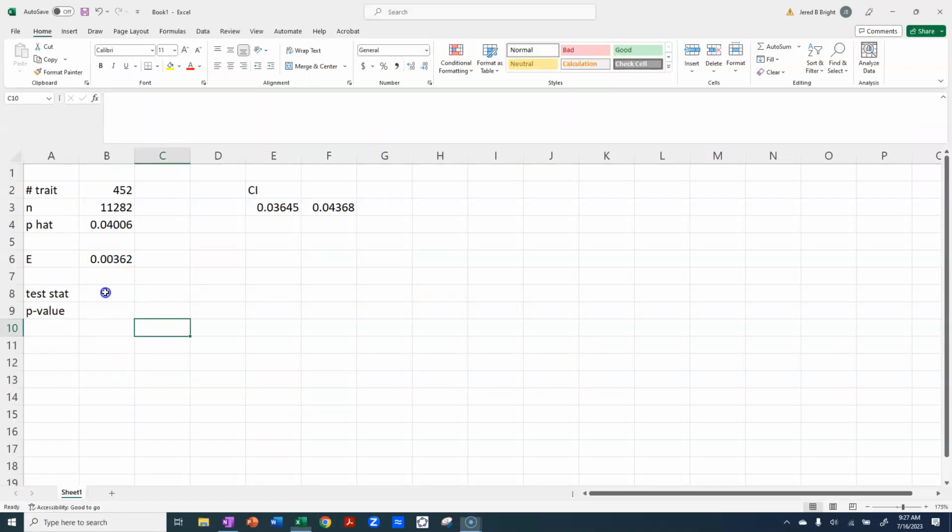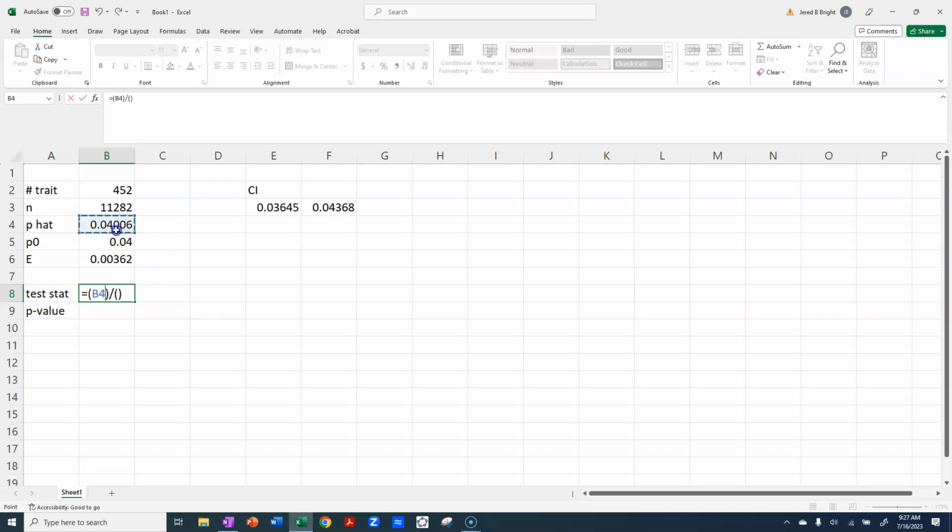So I left a lot of my work up here already, and so I'm just going to come back. So I calculated p hat. I just need to introduce p0, and that was 0.04. Okay, and so for my test statistic, I'm going to do a numerator, I'm going to do a denominator, and then I'm going to go back and fill in the blanks. Numerator was p hat minus p0.